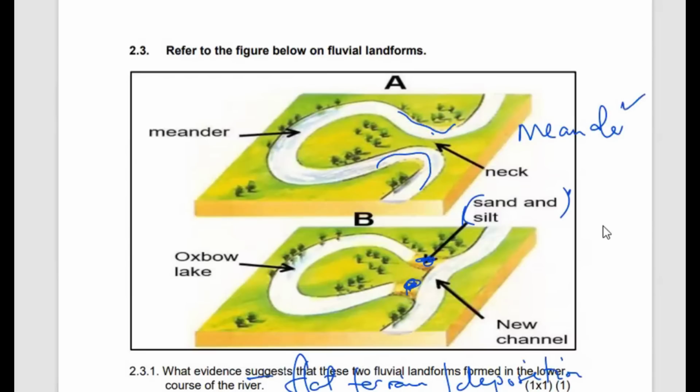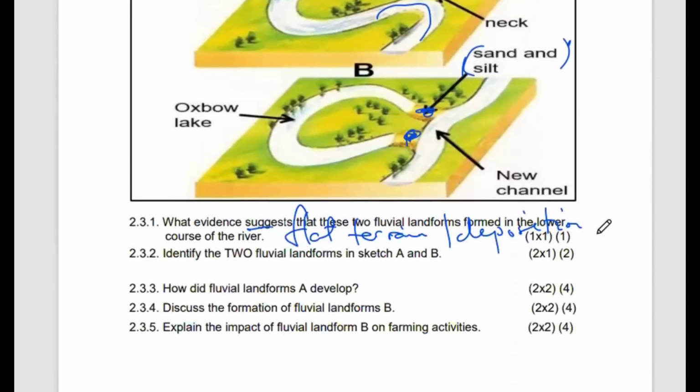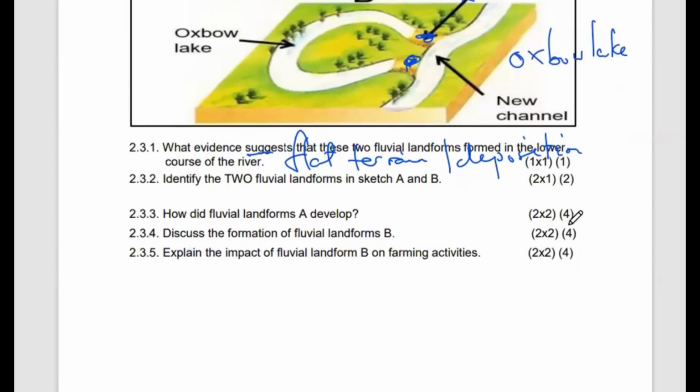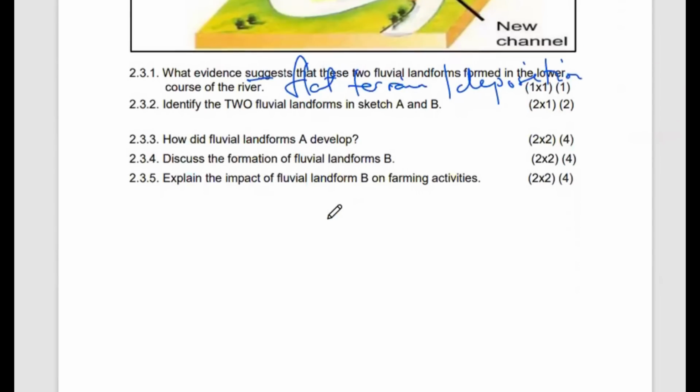So the fluvial landform is a meander for A. Then for B, our fluvial landform is now an oxbow lake. So ultimately, an oxbow lake develops from the meander. If a meander becomes pronounced and the river manages to break the neck of the meander, ultimately it becomes an oxbow lake.